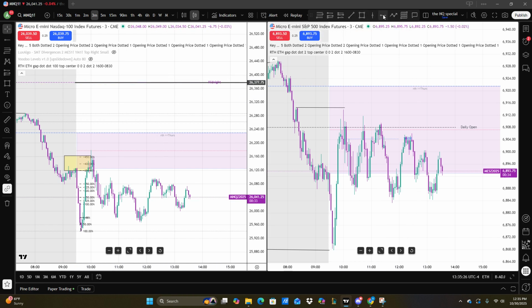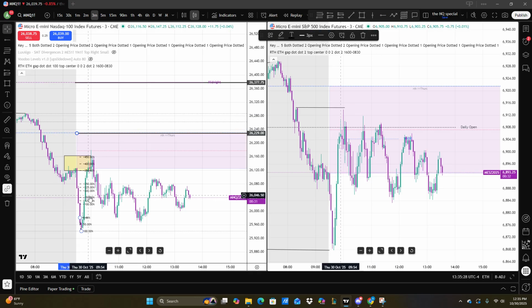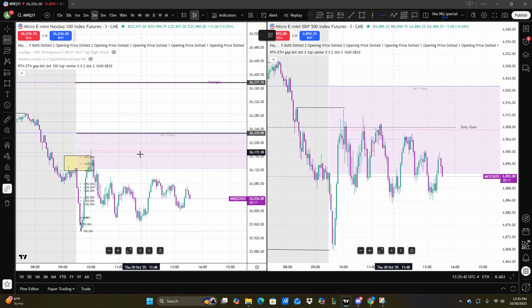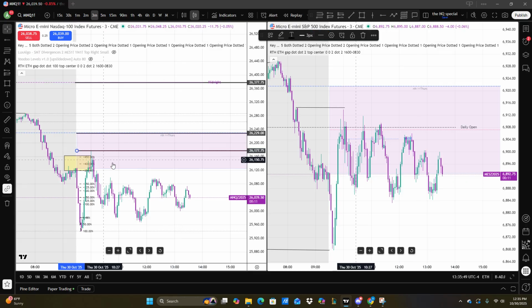There's midnight price. There's the opposite side of the box from what you start, right? So if you're bullish, this would be one of the big 3. Since you're bullish, this is one of the big 3 because it's the opposite side of the box, right? And then vice versa. So if you start up, the bottom would be one of the big 3. And then the other big 3 is the middle of the box, right?